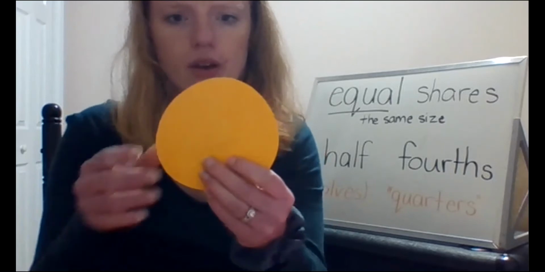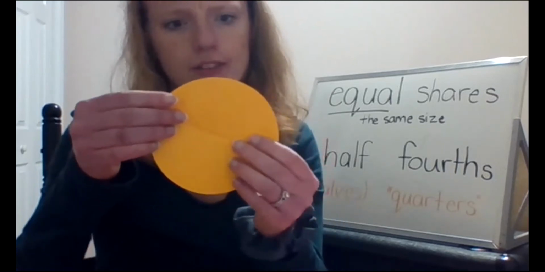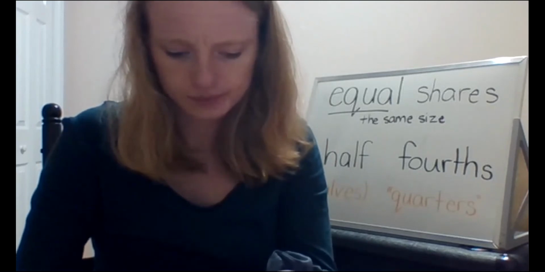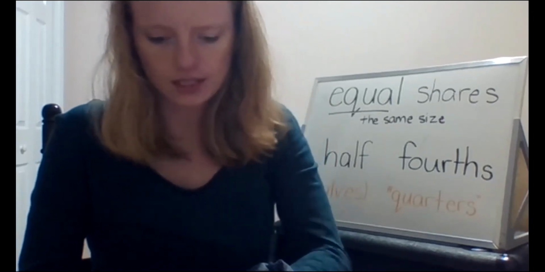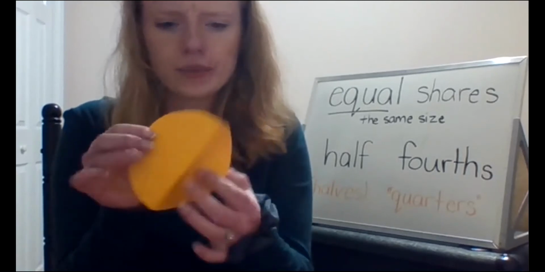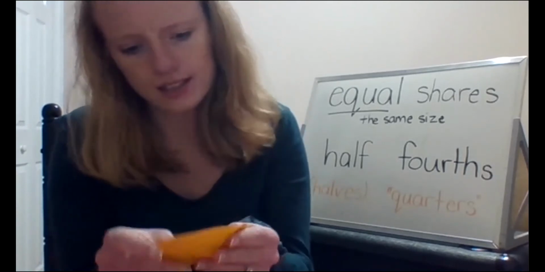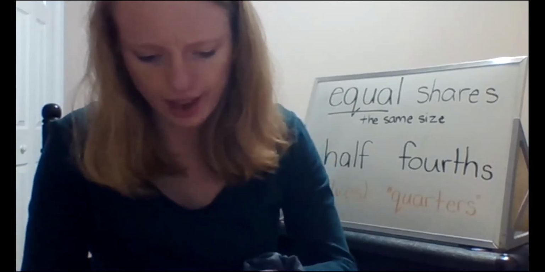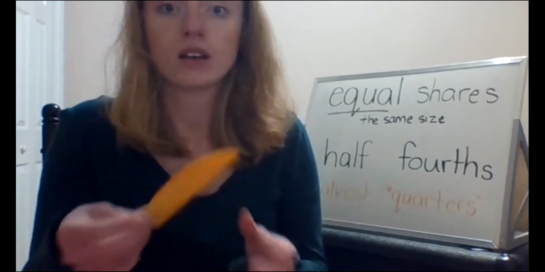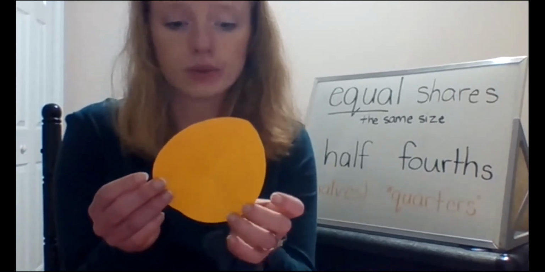Okay, so what if I folded it this way? Open it up. That's half too. What if I started right here and folded it in half? Oh my goodness, that's half too.